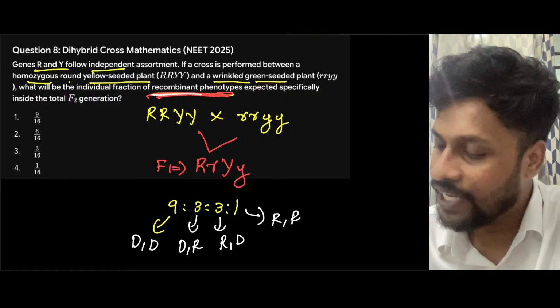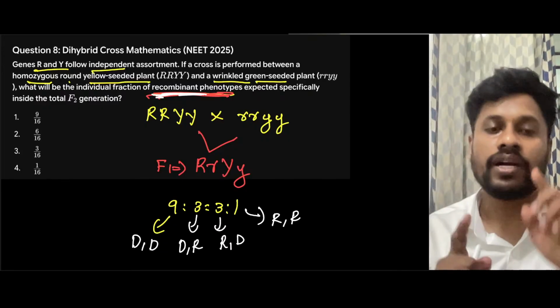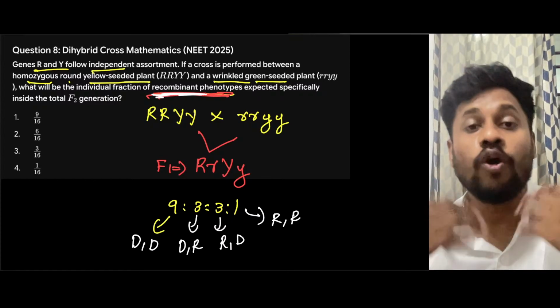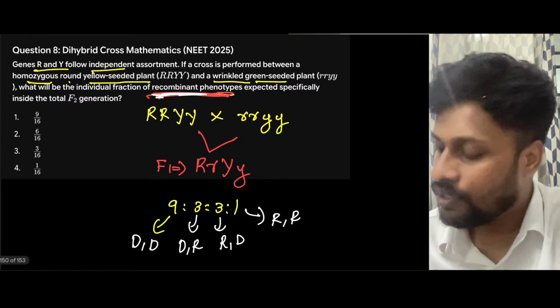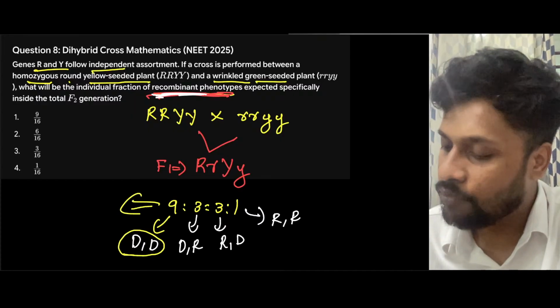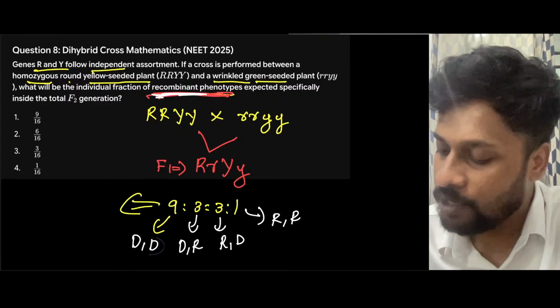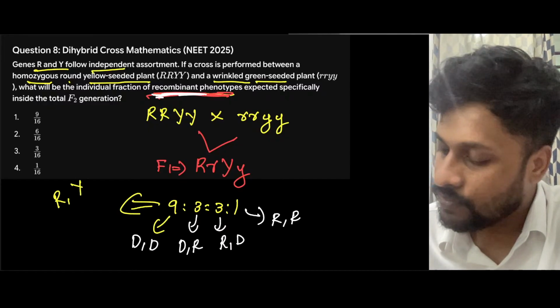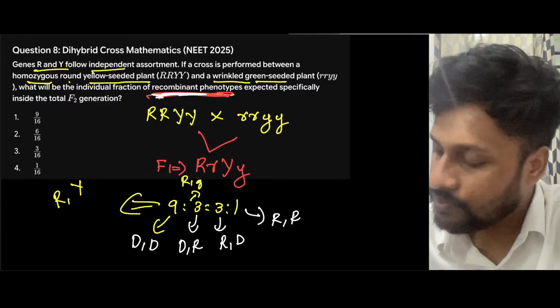Here they are asking recombinant. Recombinant means non-parental. Here you see, 9 will be round yellow. 3 will be round green.